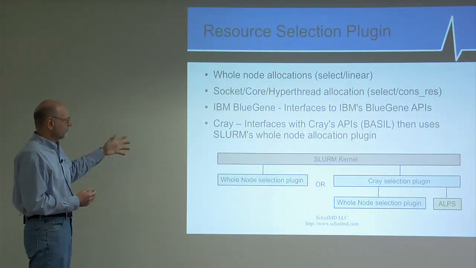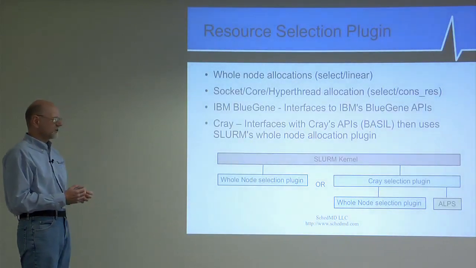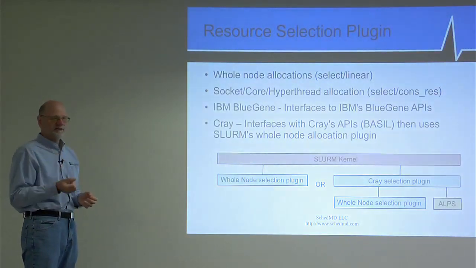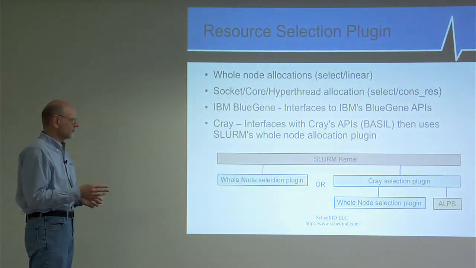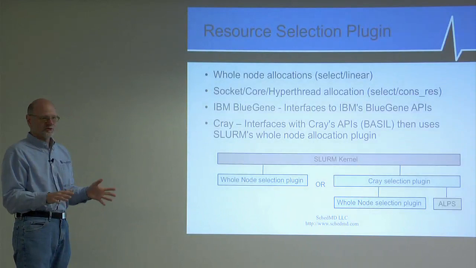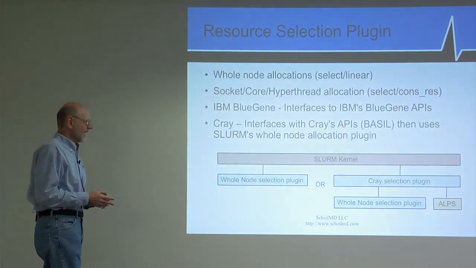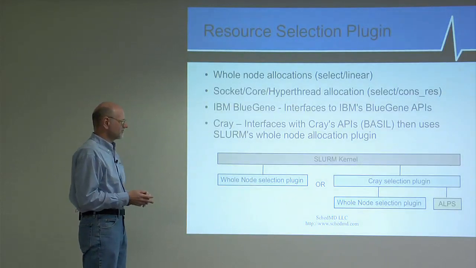There's another plugin which we have for BlueGene systems that interacts with IBM's BlueGene APIs. And there's another one which is for Cray systems that interacts with Basil. I won't get into the details, but Cray has their own resource manager, called ALPS, and the interface to it is called Basil.